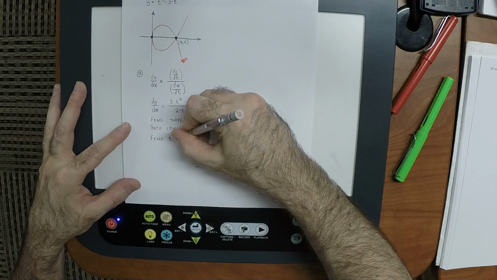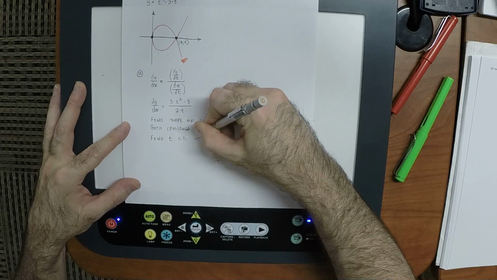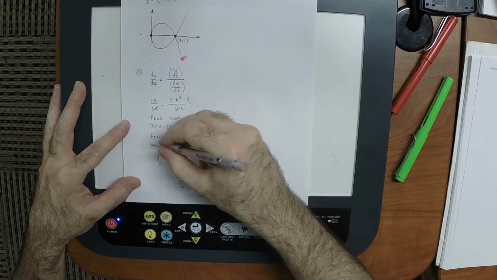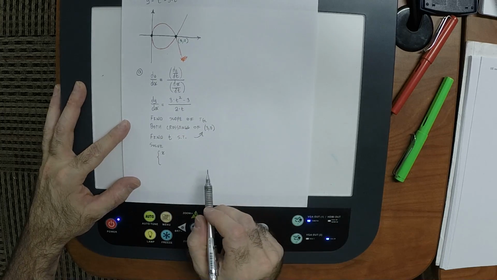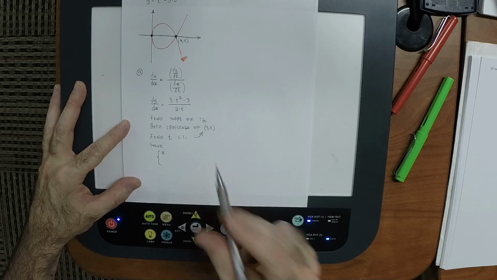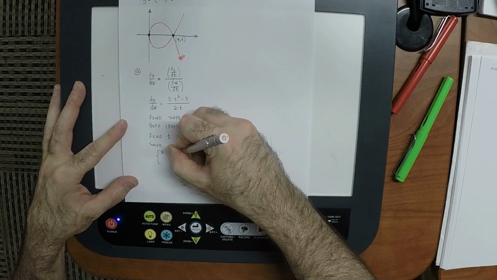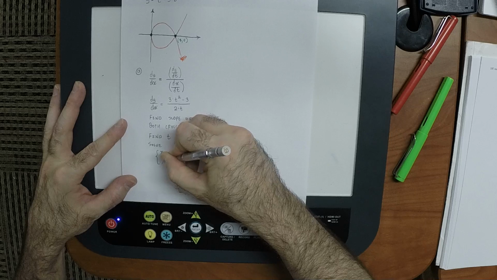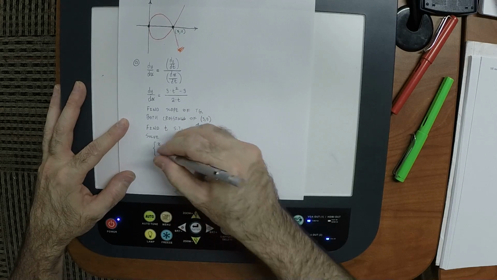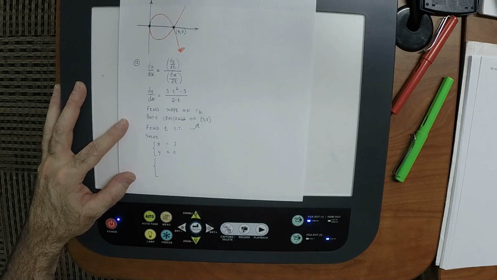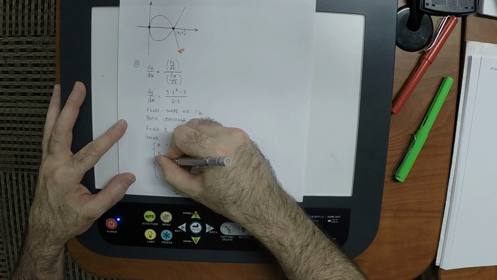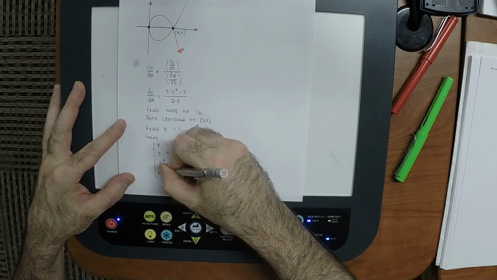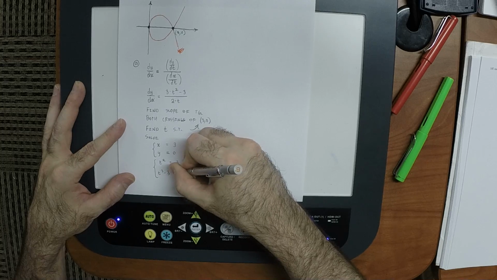2 of them, right? Find the t such that that's our location, which means that we need to solve the system of equations x. Well, what do we want the x to be? 3, right? And then what do we want the y to be? 0. So we need to solve this system, but now we know formulas for x and y in terms of t, so that means we want to solve the system: t squared is 3, and t cubed minus 3t is 0.